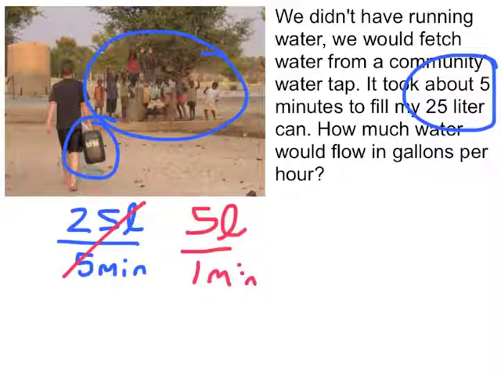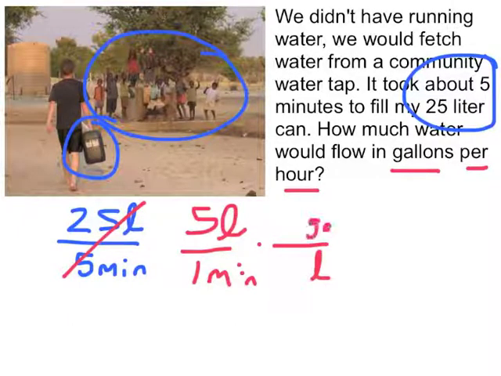And we want to change that to gallons per hour. So we're going to multiply by a conversion factor. We need to change liters to gallons. And 1 gallon is equal to 3.785 liters.